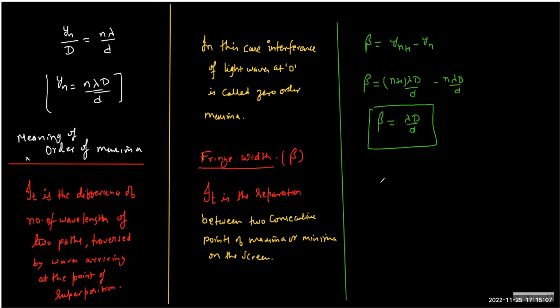And if D is too large, then beta is very small. In that case, it is so small that you won't be able to see what is like a fringe. So you won't be able to see the dark region or the bright region. So extremes are always avoidable. We need to be in some logical range which can be understood by the brain, and where we obtain sustainable interference.